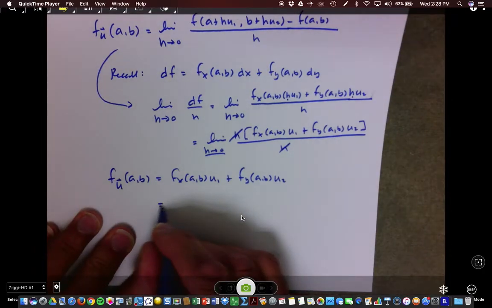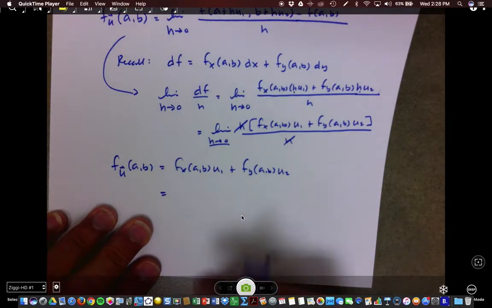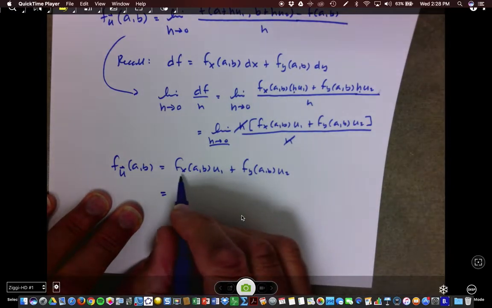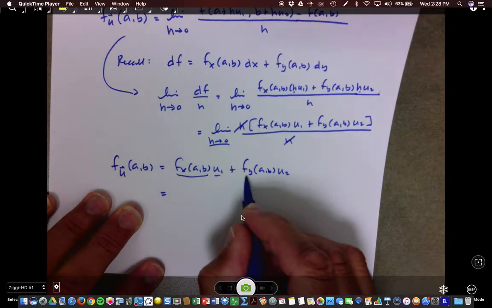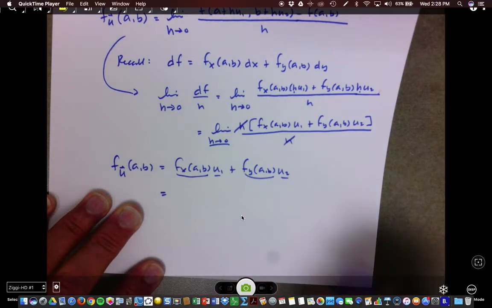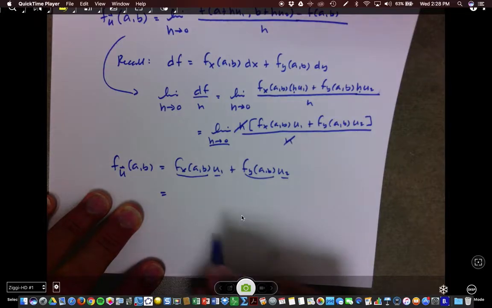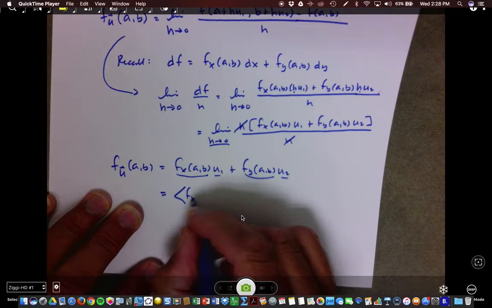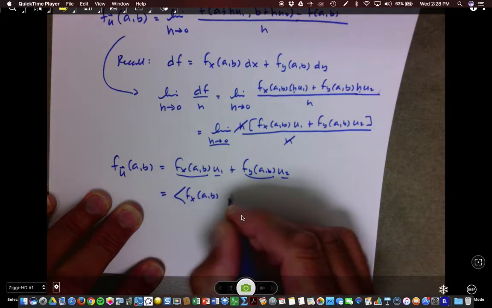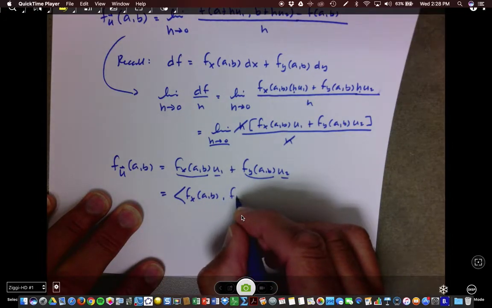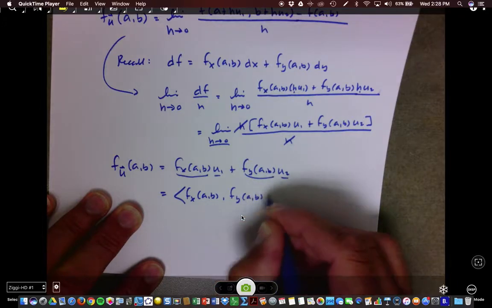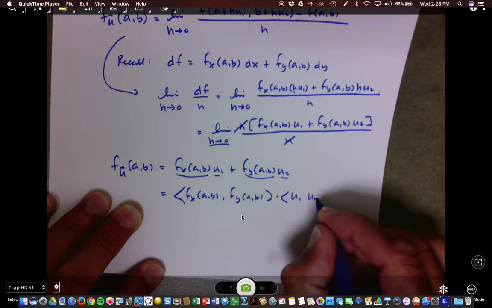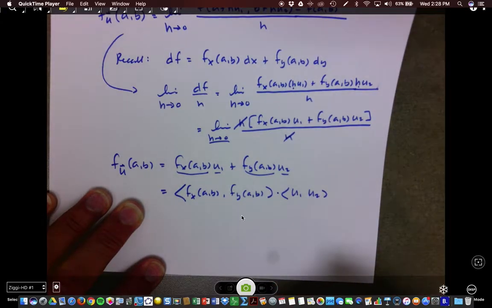All right. The other thing I'm going to look at is this looks kind of like something we talked about with vectors. Okay, we got something times something, and then we got something times something. This looks a whole lot like a dot product. And this would be the dot product of fx at (a, b) and fy at (a, b) dotted with u1 and u2.